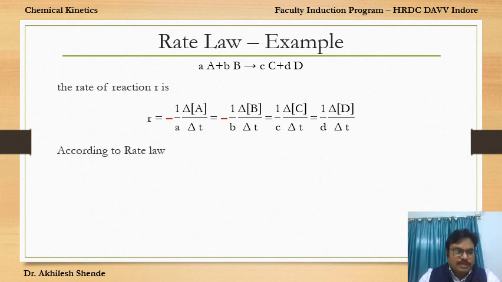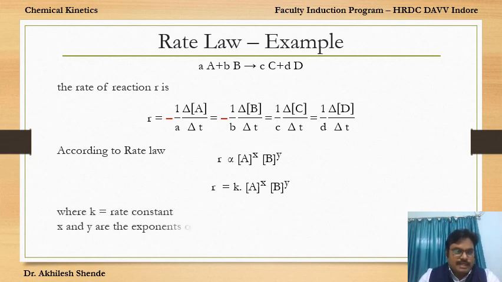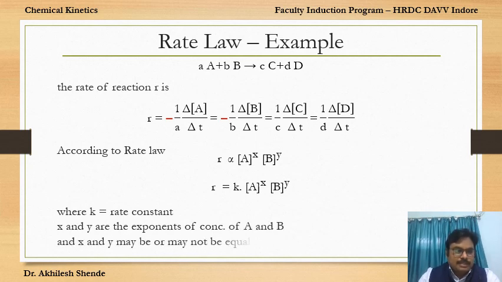According to rate law, we can write r directly proportional to concentration of A to the power x and concentration of B to the power y. Or we can write r is equal to k times concentration of A to the power x and concentration of B to the power y, where k is the rate constant and x and y are the exponents of concentration A and B. In rate law, x and y may or may not be equal to the stoichiometric coefficients.